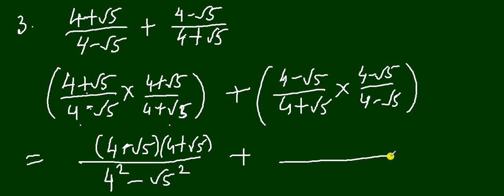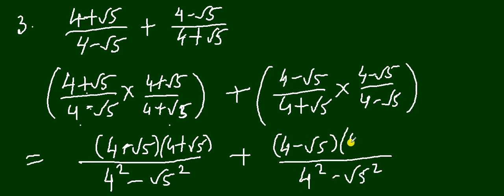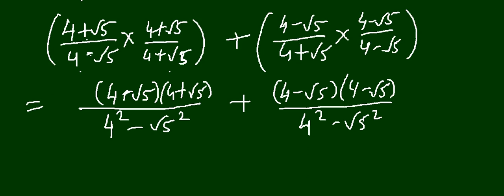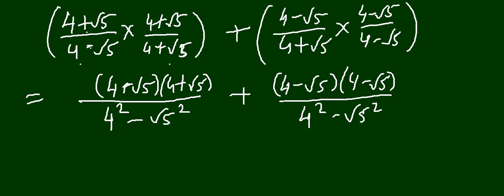Similarly, here again it's 4 square minus root 5 square, and the numerator is 4 minus root 5 times 4 minus root 5. Okay. Now, those of you who remember the identity a plus b whole square and a minus b whole square can directly write down the answer for the numerator here. But before that, let me simplify my denominator.